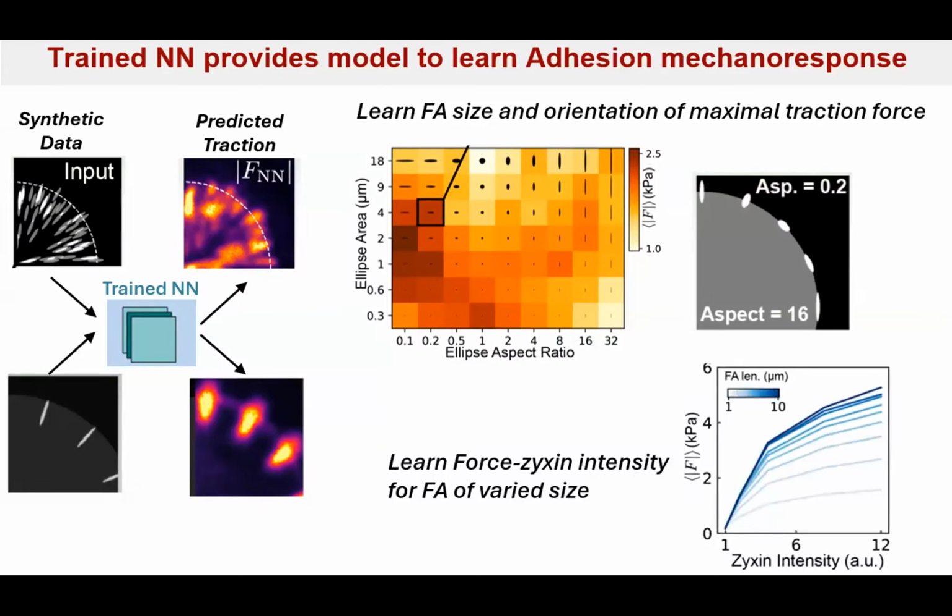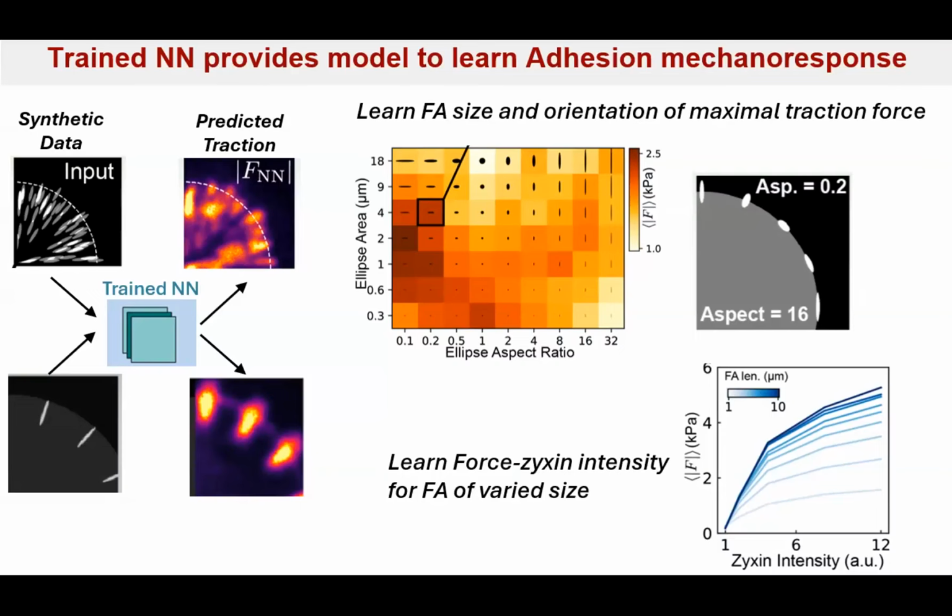The other nice thing is now this simulator can be used to quantitatively look at the force sensitivities, to look at how the force at the adhesion site depends on the local protein intensity for a varying focal adhesion length.